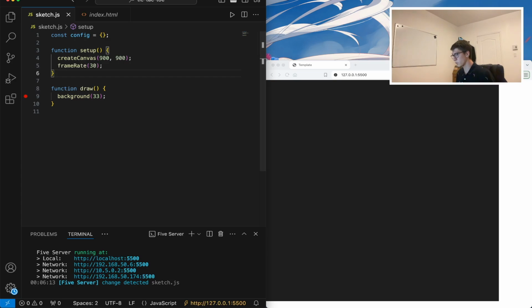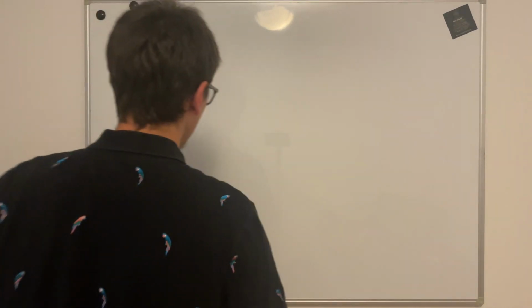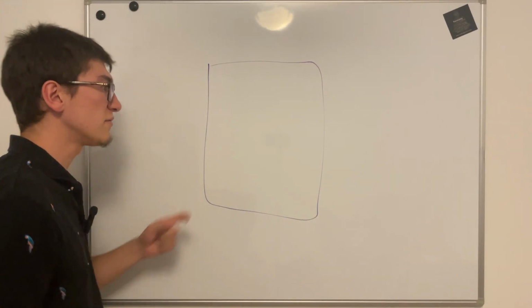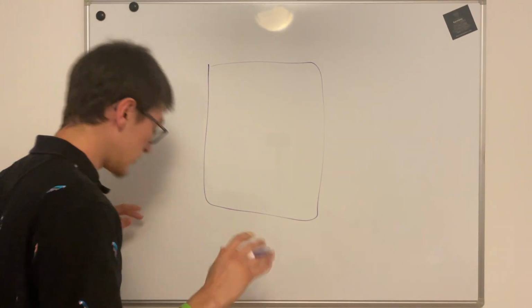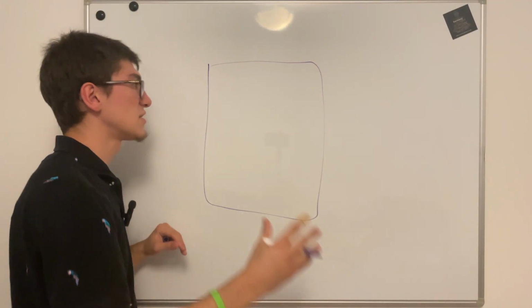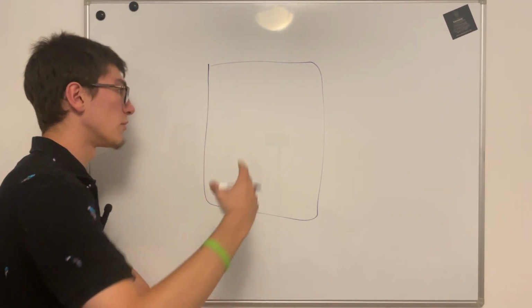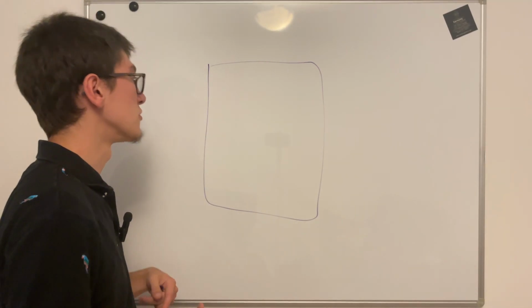So let's go to the whiteboard and let me go through what I'm thinking right now for the tic-tac-toe. So we will have the sketch, the canvas. We'll say that the canvas will be square, a 1 by 1 aspect ratio.